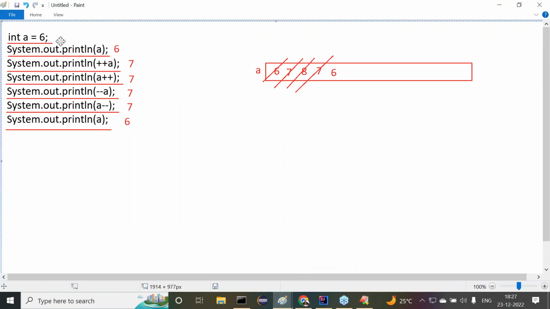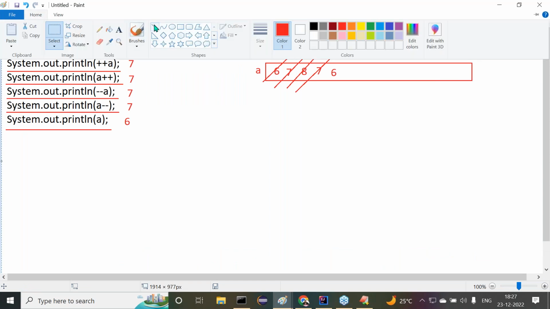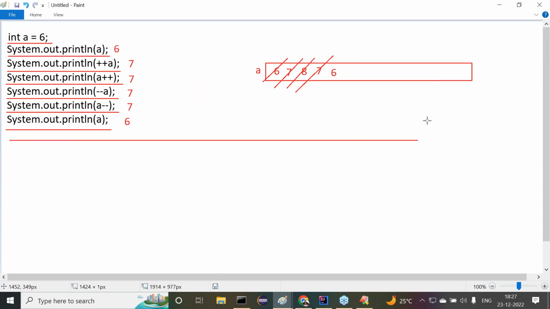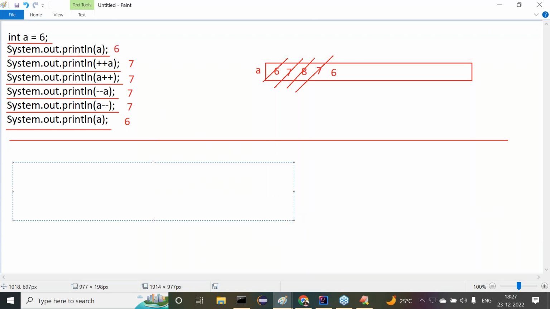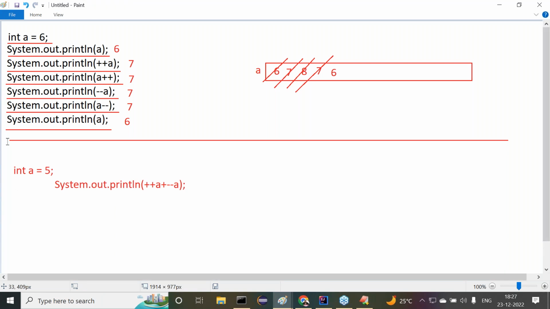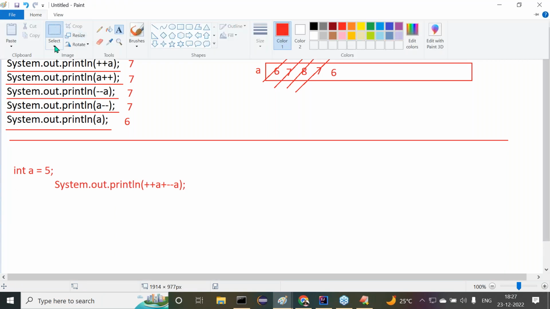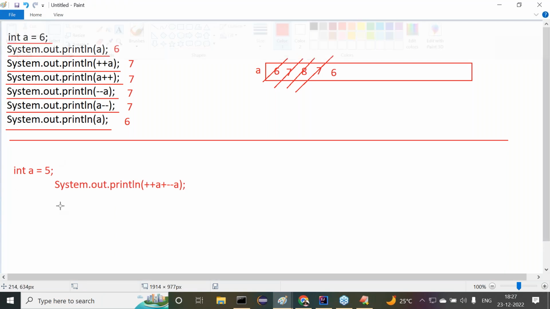Observe carefully. First of all, our expression is this: int a is equal to 5, System.out.println of ++a + --a.